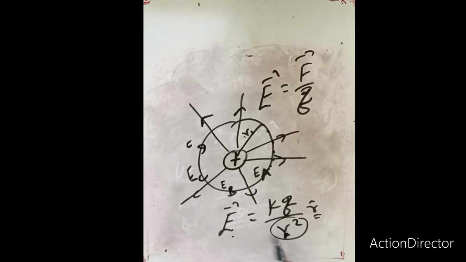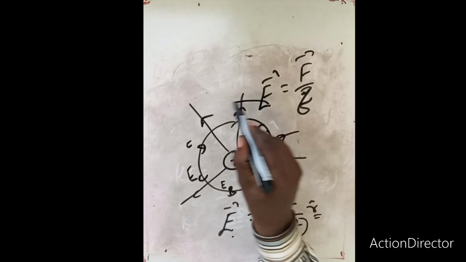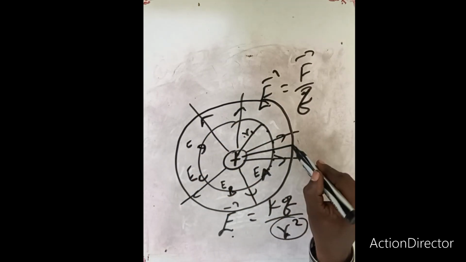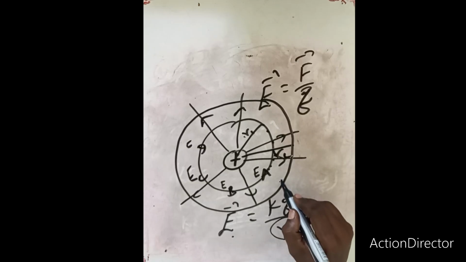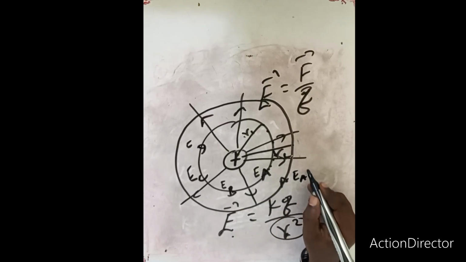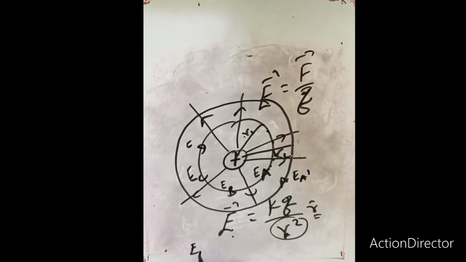So the magnitude of the electric field. If you have another circle here, a second circle with another radius r2, the electric field at this point is decreasing due to the change in r value. So the electric field at A and the electric field at, let's say, A prime. So the electric field at A is greater than the electric field at A prime. So this is the smallest radius and this is the largest radius.